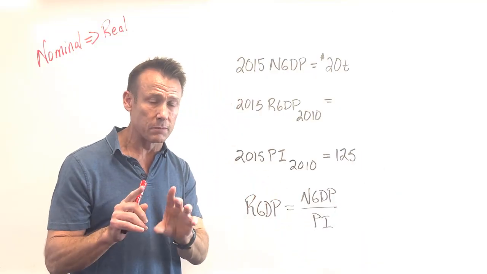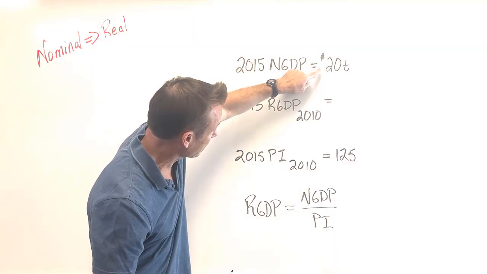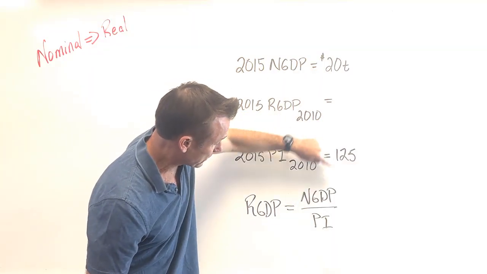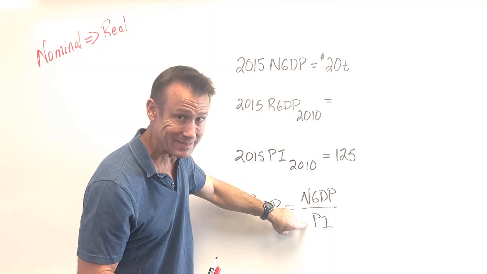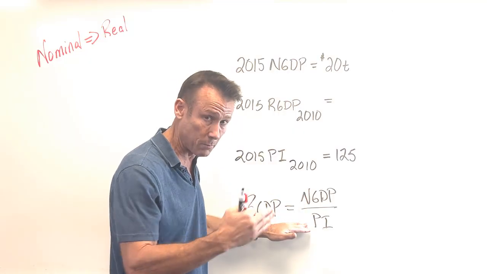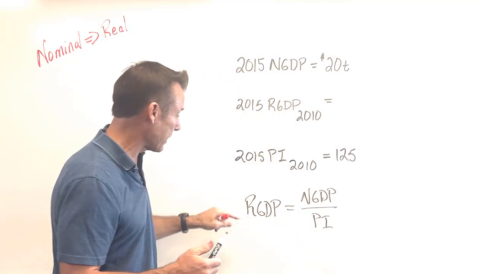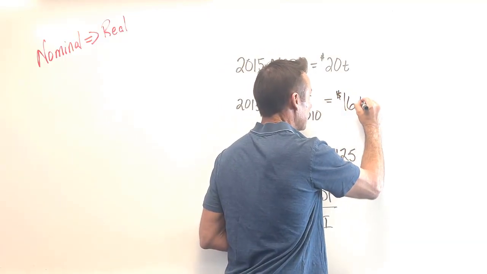That is super important, maybe one of the most important points of the whole video. So 20 trillion goes there, and we're going to put 125, but really we're going to put 1.25, in decimal terms. If you do 20 trillion divided by 1.25 in your calculator, what are you going to get? You're going to get 16 trillion.